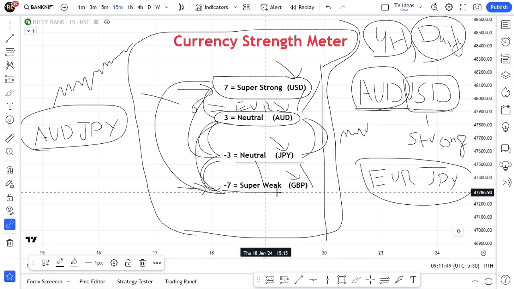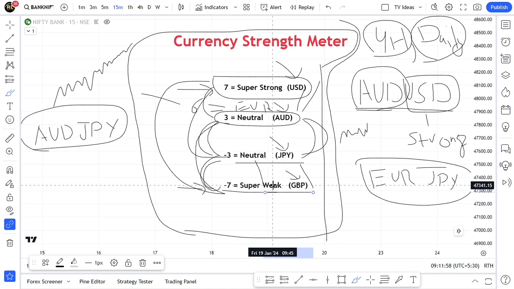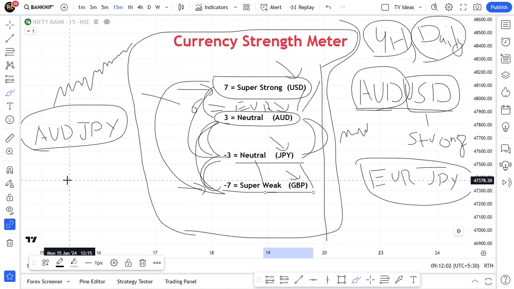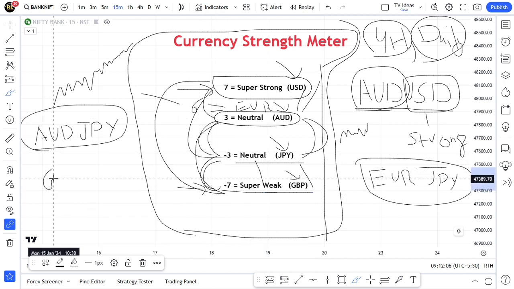Okay. Now let's take an example of weak also. Now suppose we have weak pound, which means strong selling is going on in pound. Remember, it's weak, it's not neutral, it's weak, which means strong selling is going on in pound. Now you are clubbing together pound odd. No problem.